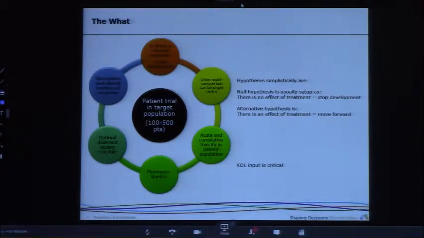The other point there is the KOL input is really critical in phase 2, and this is when you really do start to engage in very close collaboration with KOLs. Up till now, there'll usually be a fairly loose association. KOLs may be giving input, they may be part of a scientific advisory board of the company or something like that, but now they start to get much more involved in the actual design, interpretation, etc. of data.